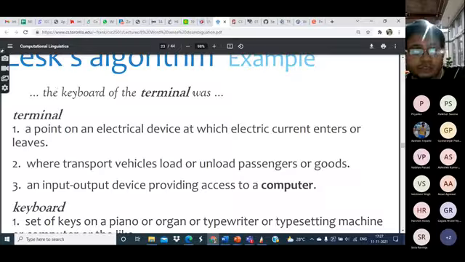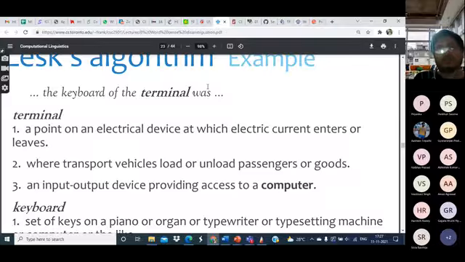Here the context mostly contains words like the, of, was, which are effectively stop words and do not contain much information. But this word keyboard is also there. Now this keyboard, as we know, is associated with a computer, and we see that sense 3 of the word terminal also contains computer.